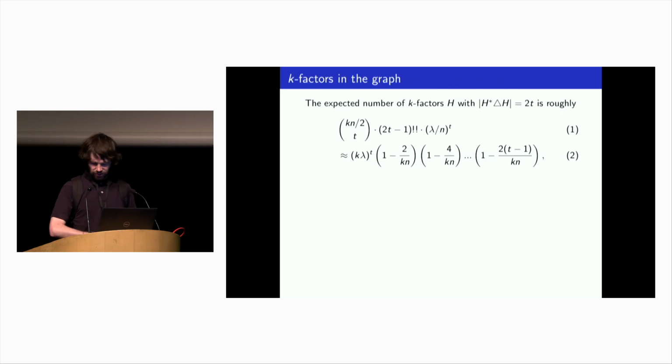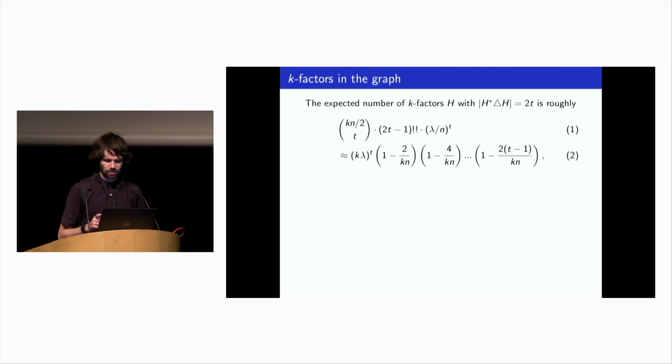So if we want to consider the number of K-factors that are T edges away from the planted one, then there are Kn over 2 edges in the planted K-factor, and Kn over 2 choose T possible options for edges to remove from the planted one. Then to make a new K-factor, you would have to reconnect the 2T vertices that have lost an edge.